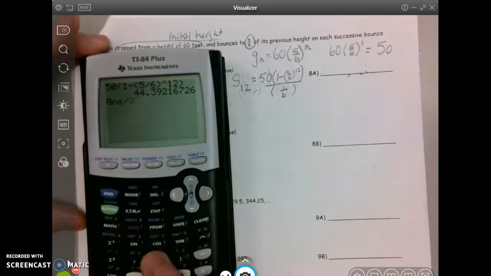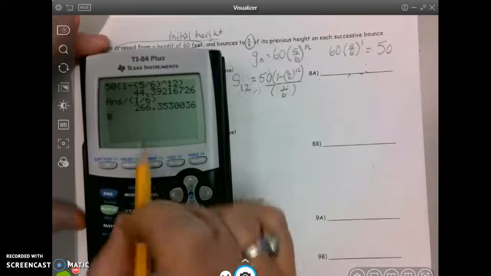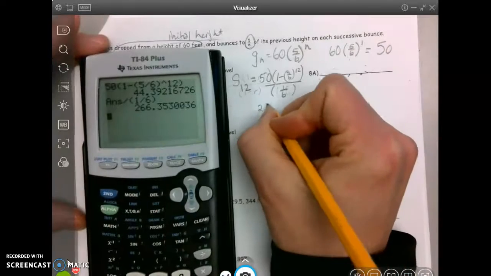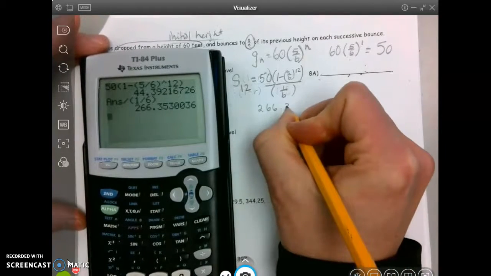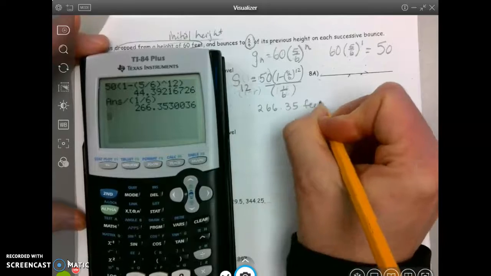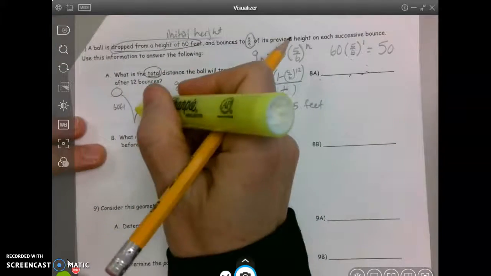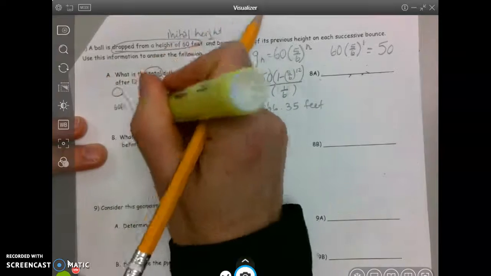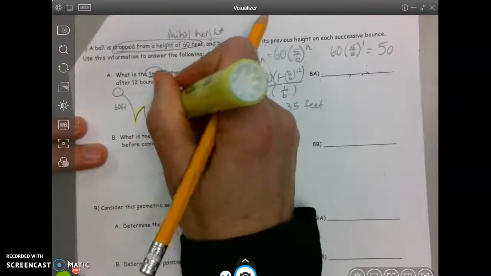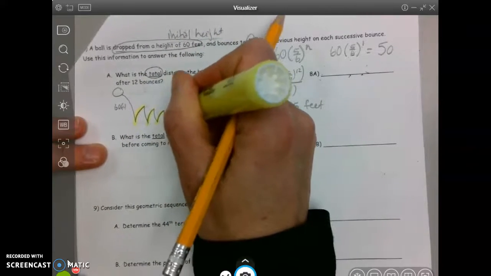And I divide that by 1/6, and I get 266.35 feet.